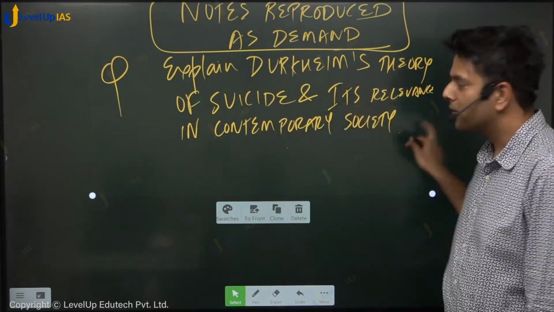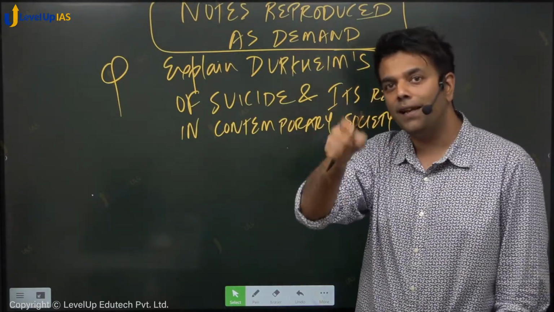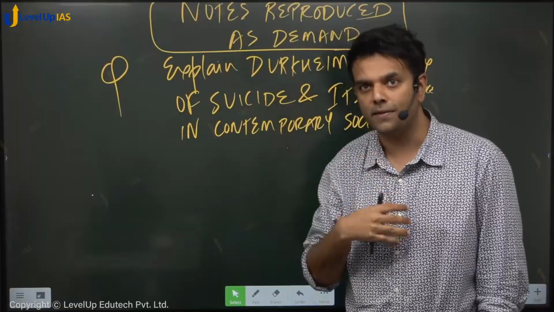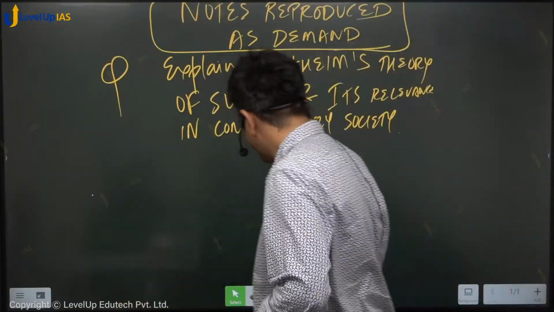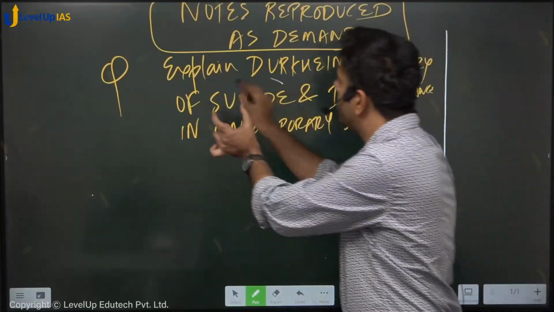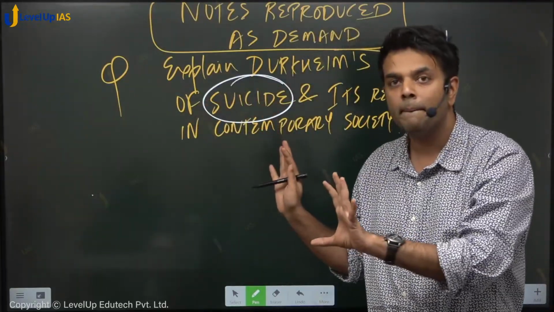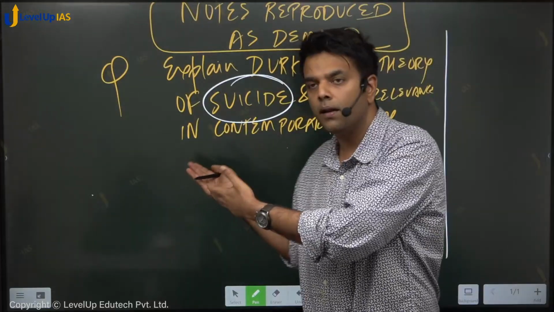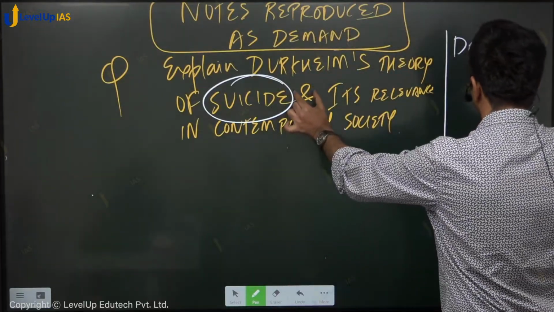and its relevance, let me first make it clear what the examiner at least expects from us. What is the expectation of the examiner? Examiner expects you to first at least define suicide, because Durkheim did so. Okay. You must first define suicide.